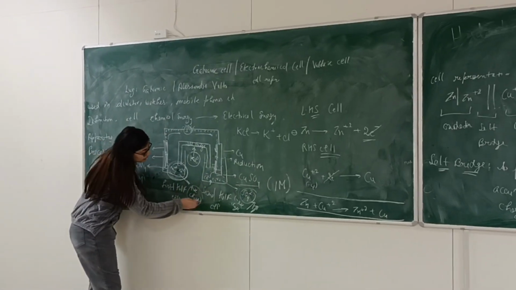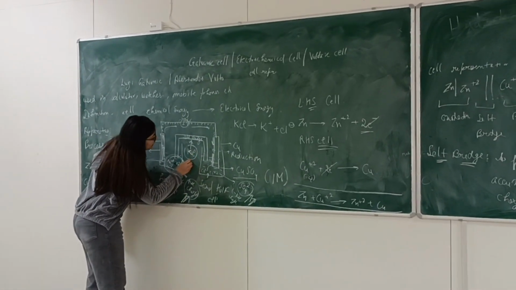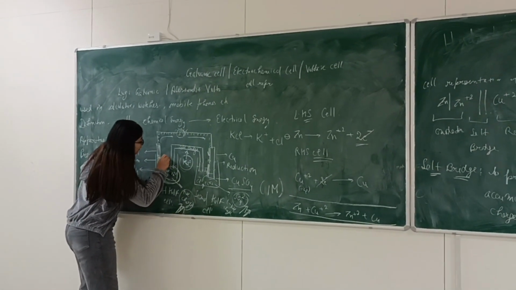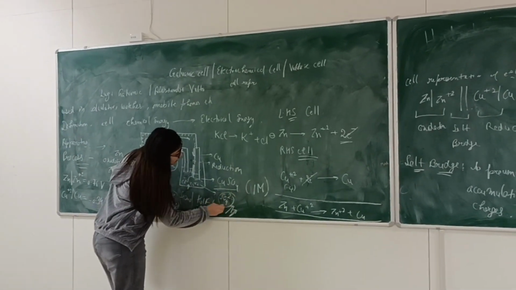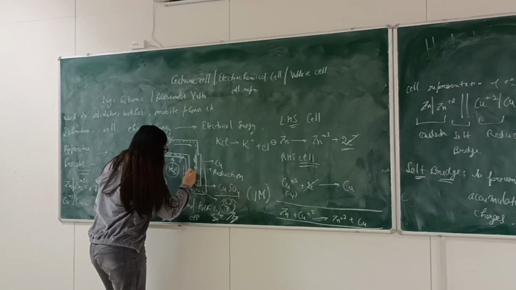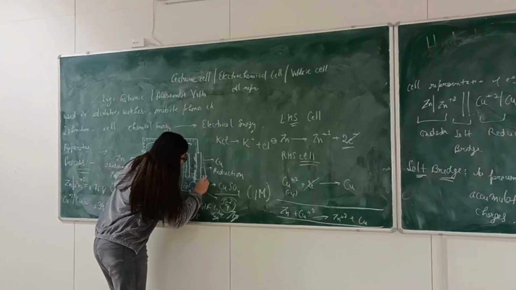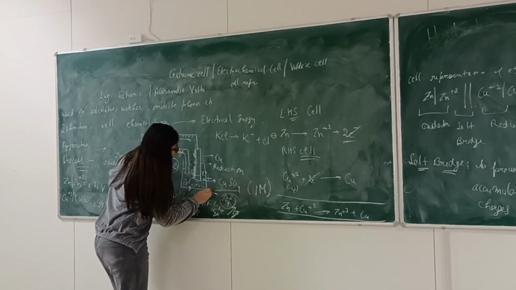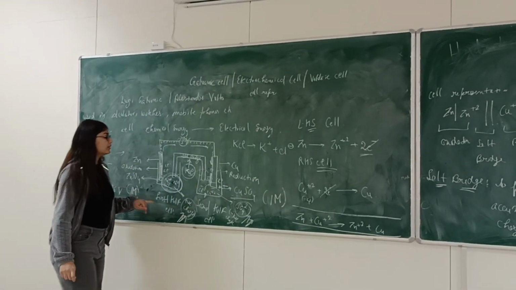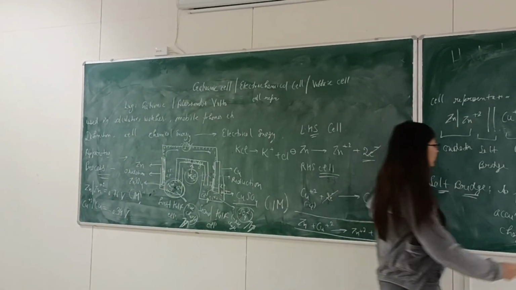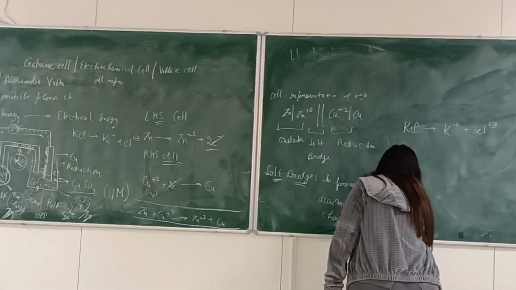As the positive charge is increasing here, the Cl negative will come here to neutralize this charge, and as the negative charge is increasing there, the K positive will come there to neutralize this charge. If the charge is neutralized, the cell will work continuously. That means the function of the salt bridge is to prevent accumulation of the charge.